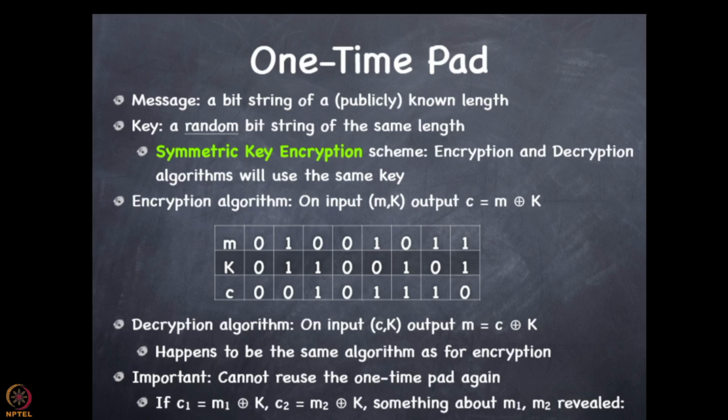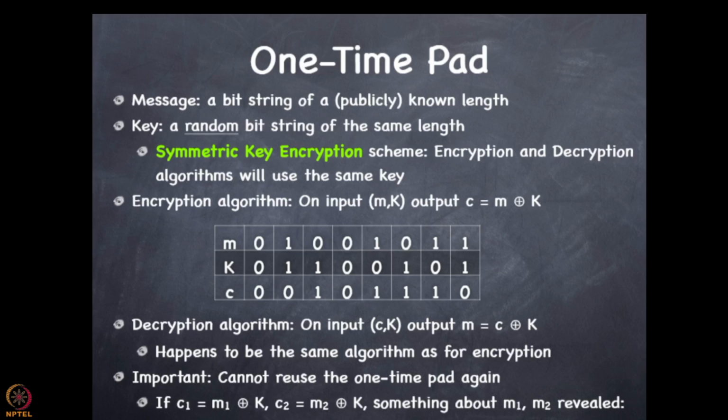Somebody could just XOR these two ciphertexts together. Then the keys will cancel off, but the messages will XOR with each other, and you will end up with the XOR of the two messages, M1 XOR M2. And that's not good. That's leaking something about the message.